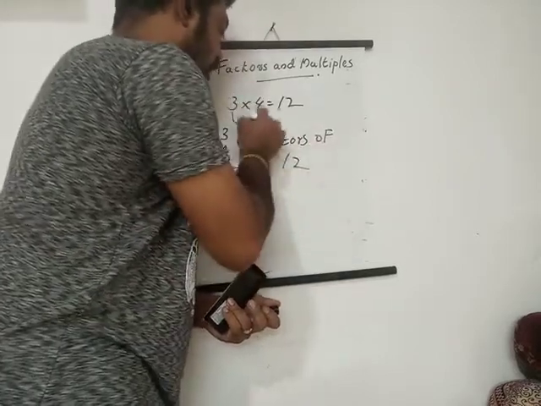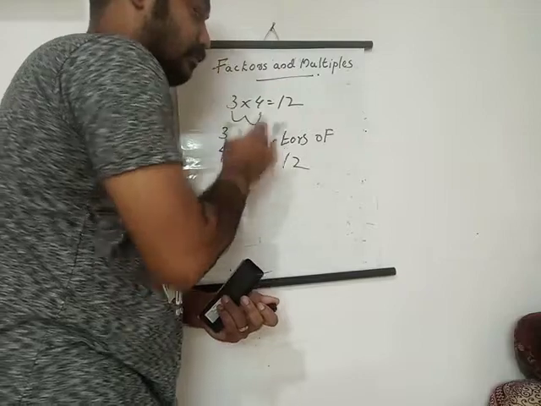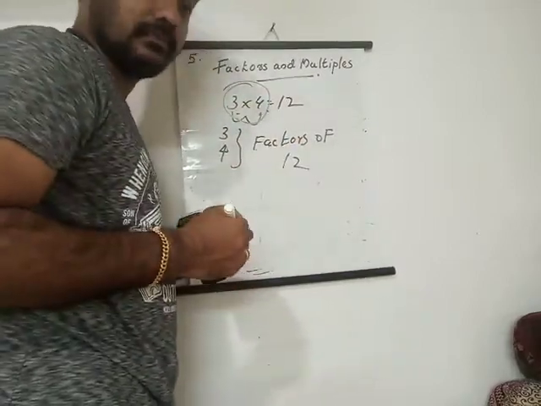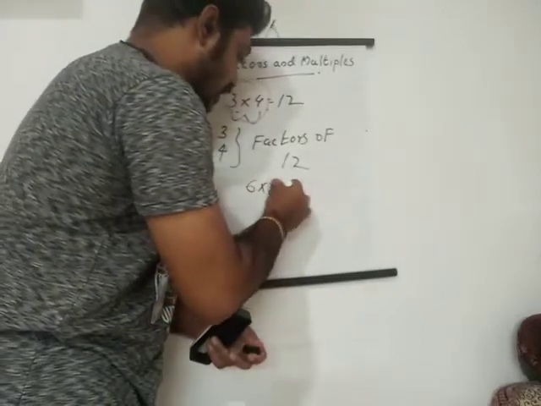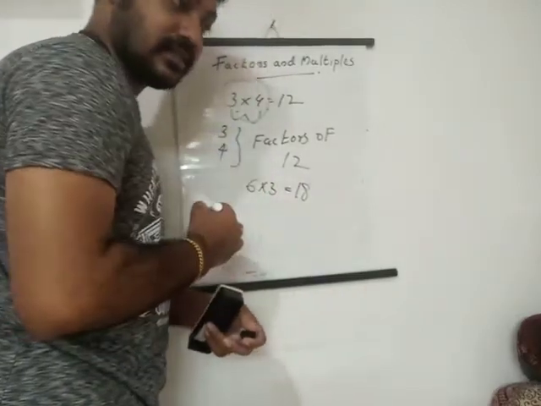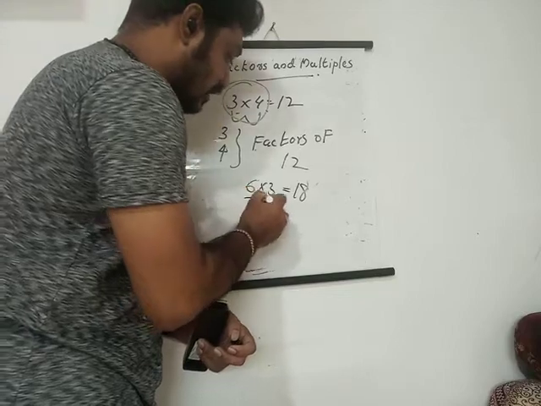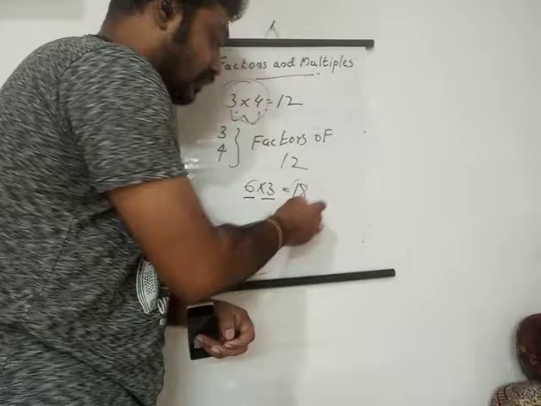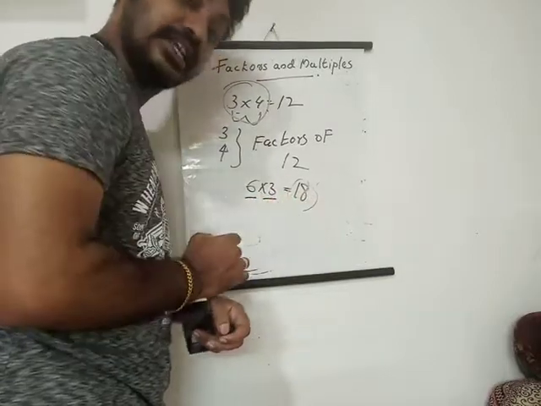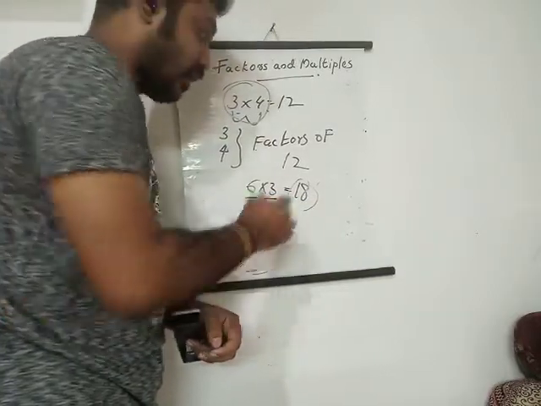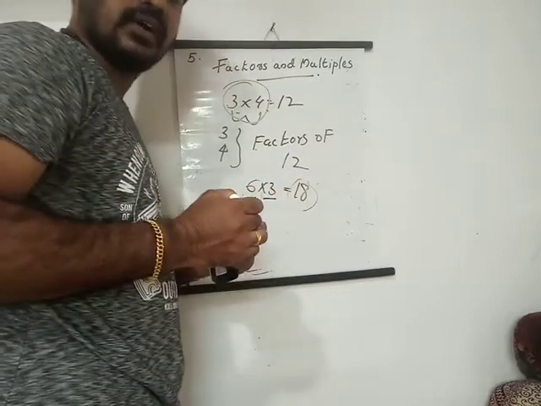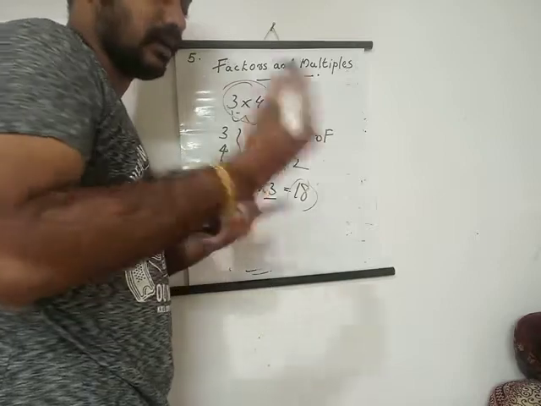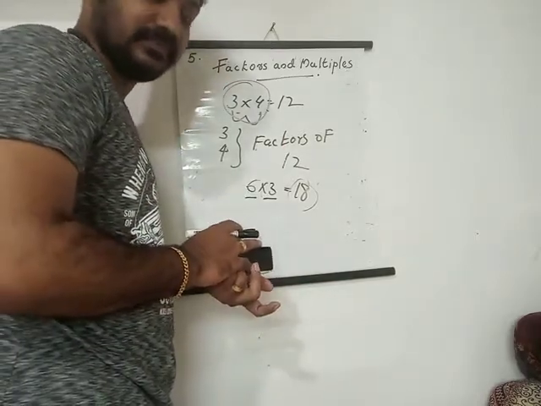So if we multiply two numbers and write a number, that means these two numbers are the factors of that number, isn't it? 6 3s are 18. 6 3s are 18 means 6 and 3 are the factors of 18, or the product of 6 and 3 is 18. Understand? Or 18 is a multiple of 6 and 3. Okay, so these three things you have to understand: multiple, product and factor.